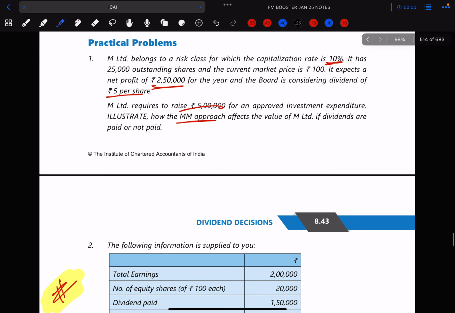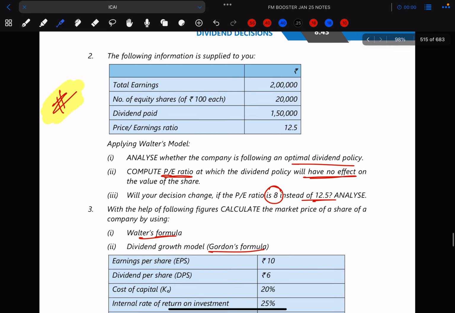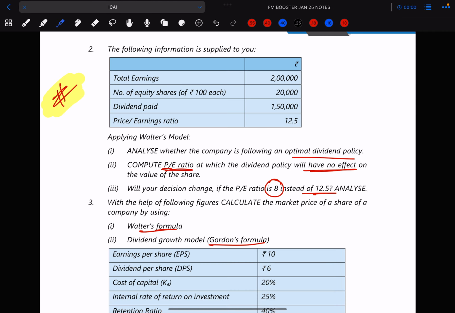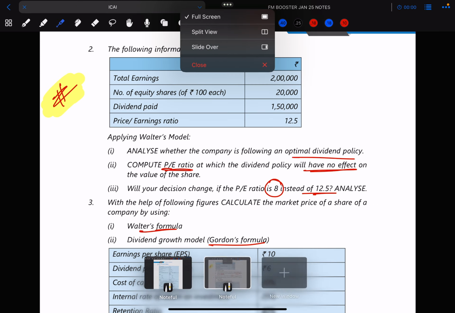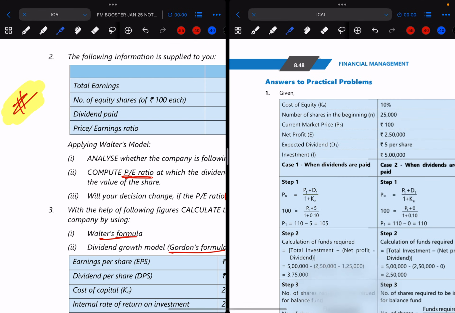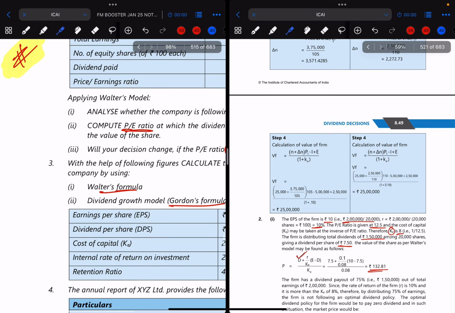And this one, if dividends are paid and not paid, is the same as the first illustration we have studied. Okay, go for this split view. This one is the same thing when dividends are paid and not paid.